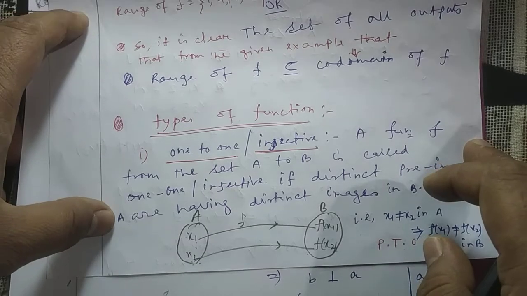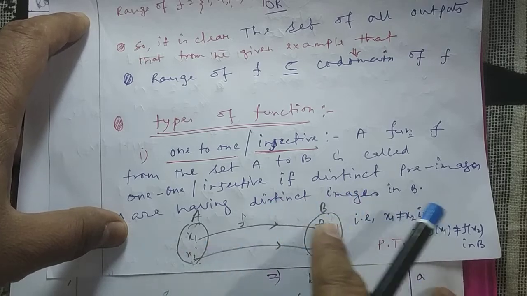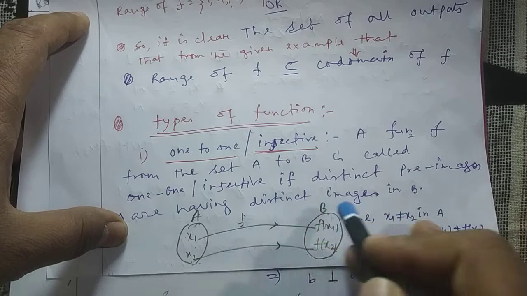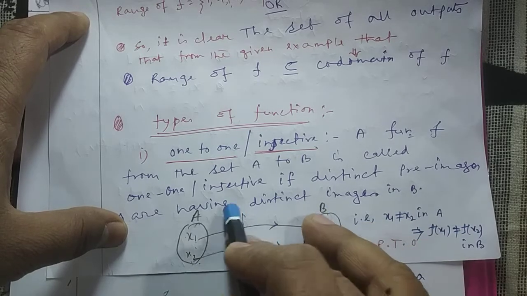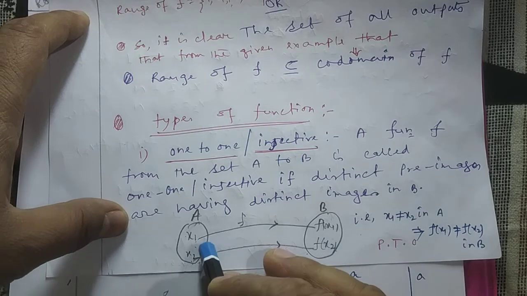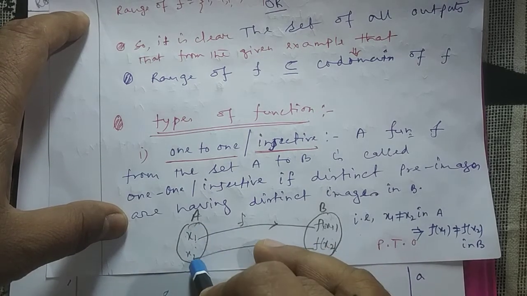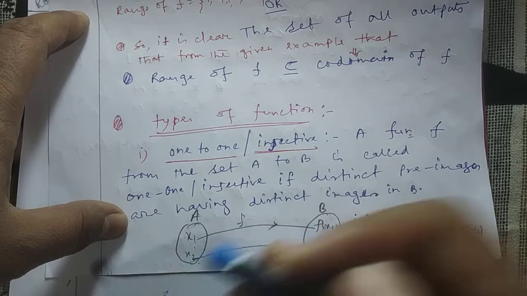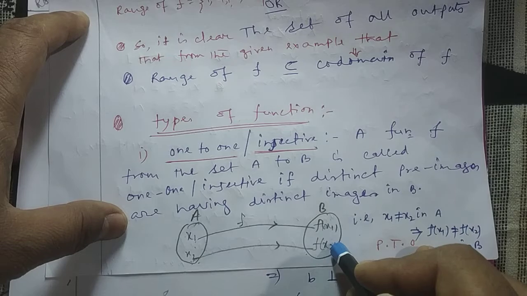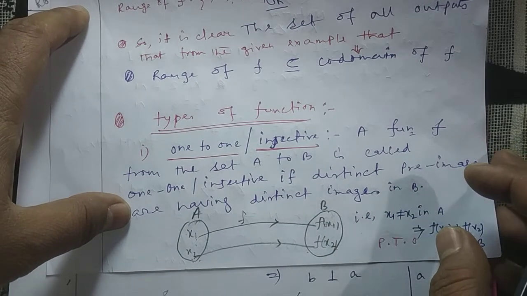Now let us understand what is the meaning of injective or one-to-one through the diagram. Already we have taken the two sets A and B and let the function f is going from A to B. Correct? Suppose we are taking two distinct preimages x1, x2 in A. So normally we can say x1 will map to f(x1) and x2 will map to f(x2) in B. Now look at the definition.